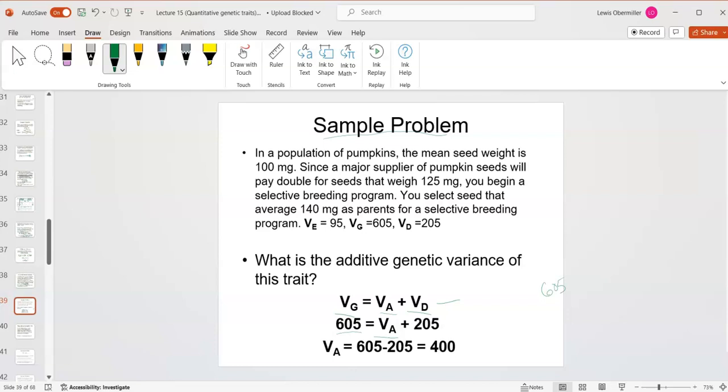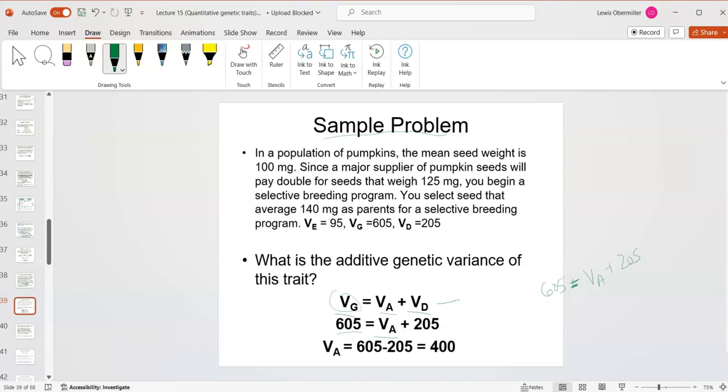I give you the dominance variance. So we get 605 equals, and this is all the genetics: VA plus VD plus VI plus whatever, everything that has to do with genetics. So that is VA plus 205, the dominance variance that I gave you in the problem.